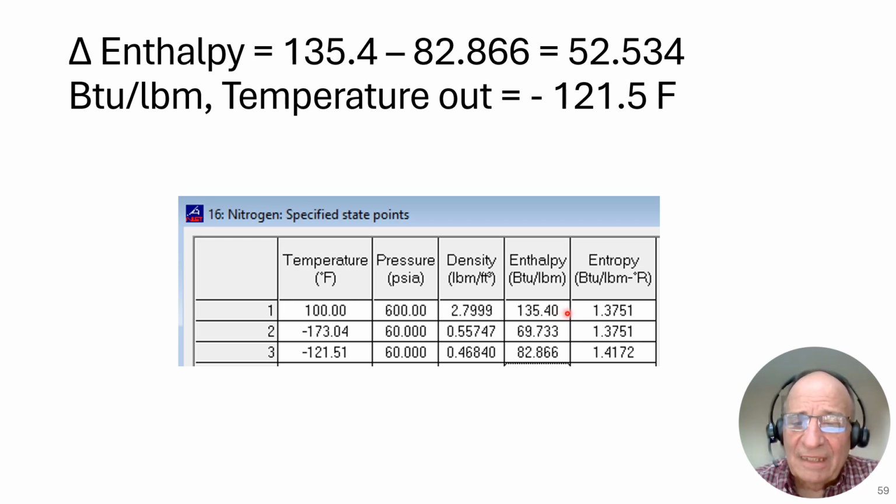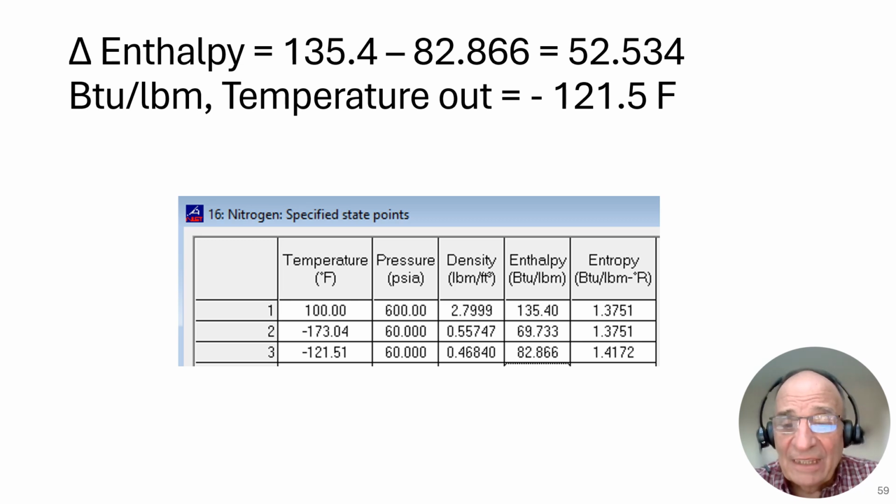So we have to take the difference of the enthalpy, which is the amount of isentropic work out, and we need to know that it's going to be something less than 100% efficient. In our case, it happens to be 80% efficient. So we take this delta enthalpy, multiply it by 0.8, and come out with a smaller amount of energy.